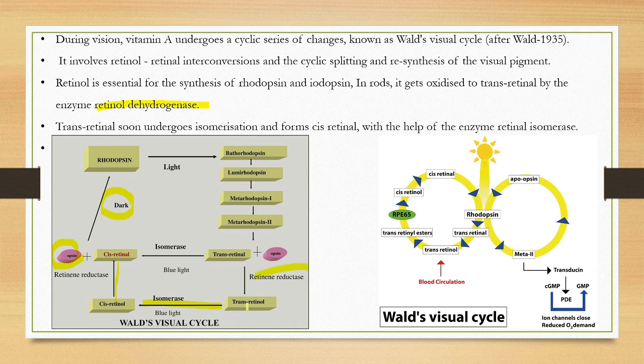Now trans-retinol is isomerized to form cis-retinol, which is combined with the opsin in the dark to form rhodopsin again. So rhodopsin is resynthesized, which requires vitamin A. Now, a very important step is the metarhodopsin 2 stage. This stage is very important for signal transduction.